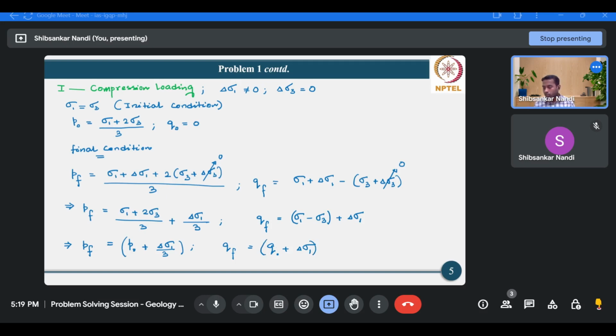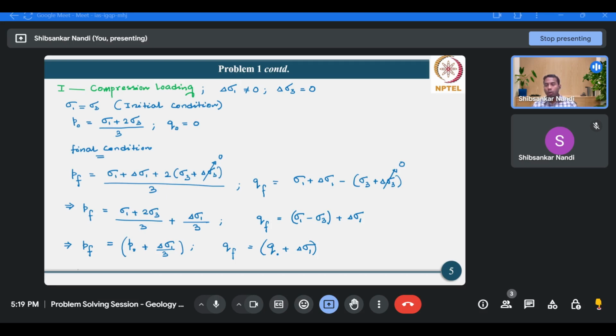So this is the state of stress what we have basically got from this type of loading condition.